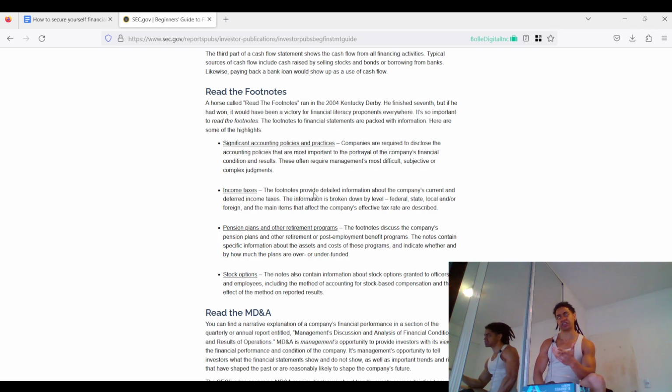Which are options, the right that the owner has, but not the obligation, to buy particular assets at a given price and date. And you have two types of options. You have puts and calls, where puts are bets that the stock will fall, whereas calls are bets that the stock will rise.